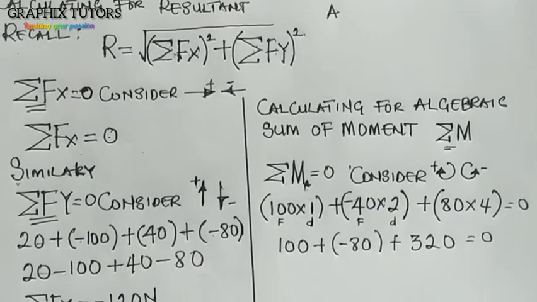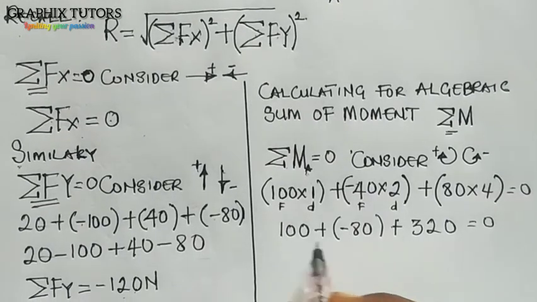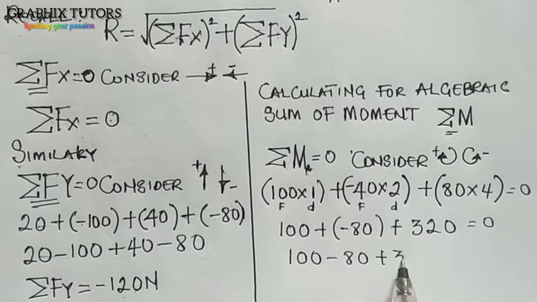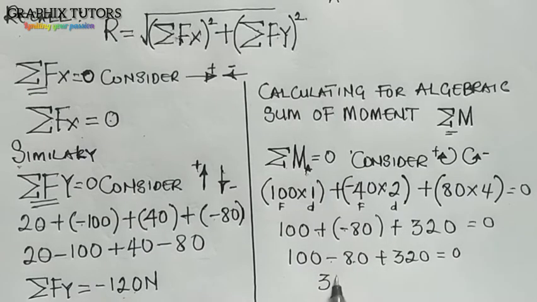Now from this point we say 100 minus 80 plus 320. So minus times plus will give you minus. So 100 minus 80 is 20. 20 plus 320 will give you 340. And the unit for moment is Newton meter.